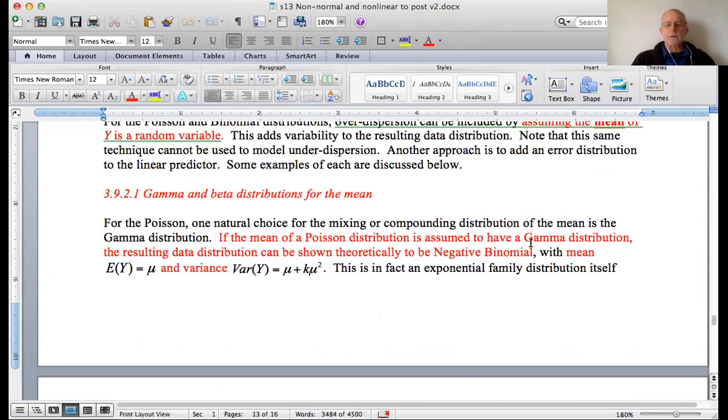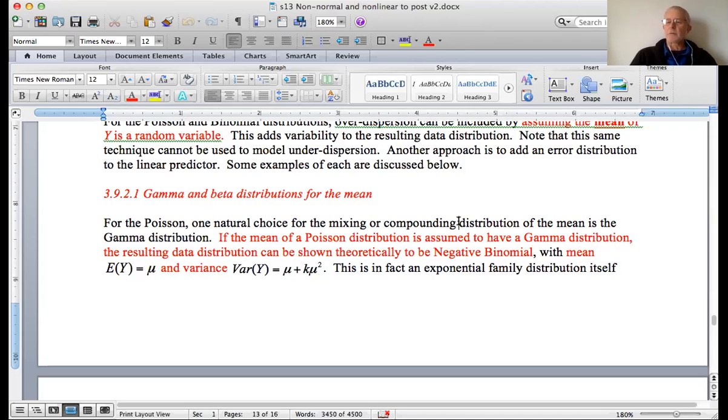Oh, and here I'll tell you how the distribution arises. Those of you who took theory, if you remember, the negative binomial is the number of coin tosses you have to make in order to get a pre-specified number of heads. Binomial is you have a fixed number of tosses and you're counting the number of heads.